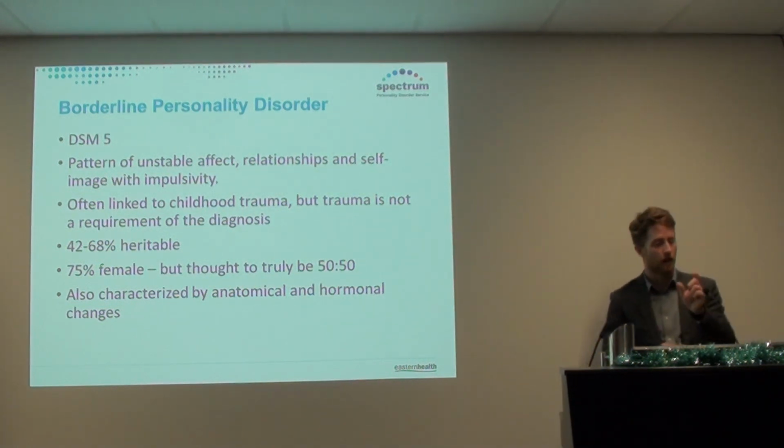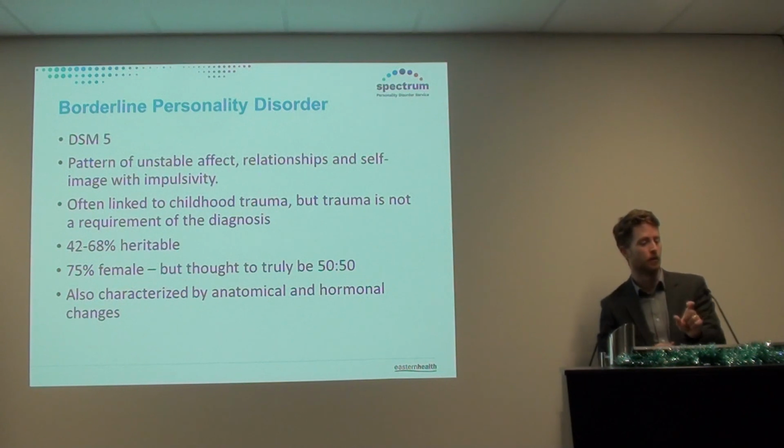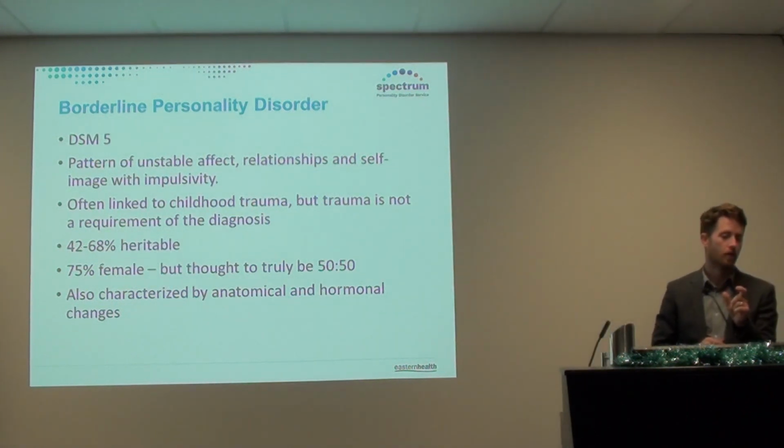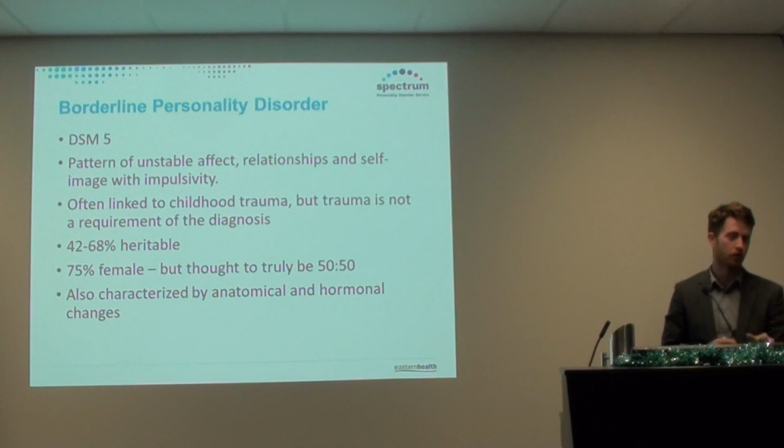But saying that it's 50% heritable, I don't think quite does justice to that complicated balance. You couldn't say to somebody, you have BPD and it's entirely genetic, or it's entirely because of the experience you've had. Both of them tend to contribute, if that makes sense.